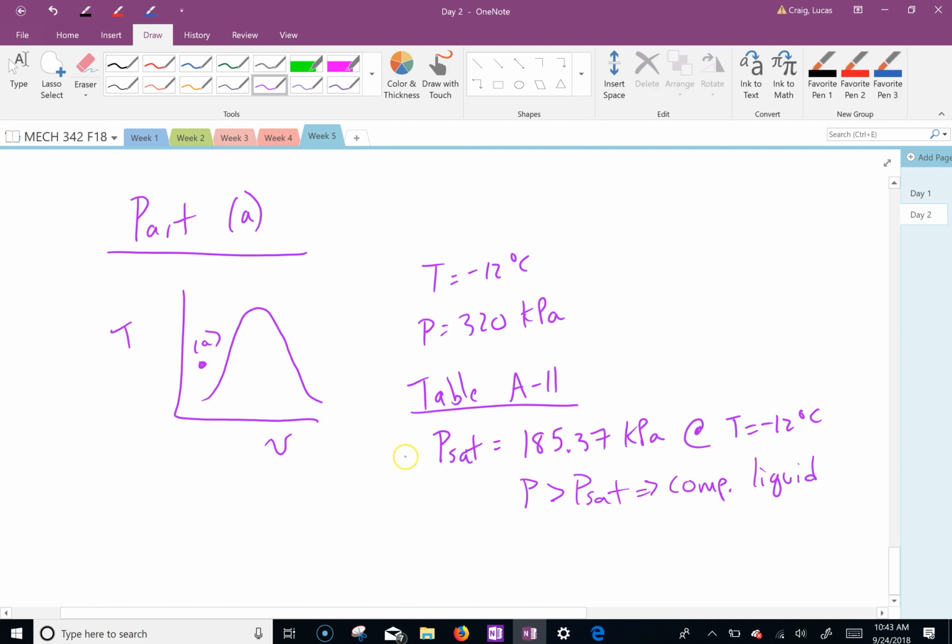So we now know the pressure, we know the specific volume. Anytime you're compressed liquid, go ahead and use the F values. It doesn't change much. Okay? This is 0.00075 meters cubed per kilogram.